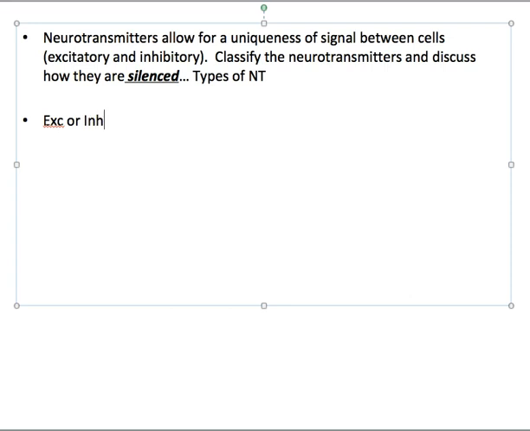And that would mean that they either cause a depolarization, which would be excitatory, EXC, okay, or they cause hyperpolarization, HYPER, and that would mean that they are inhibitory, INHIB, okay?